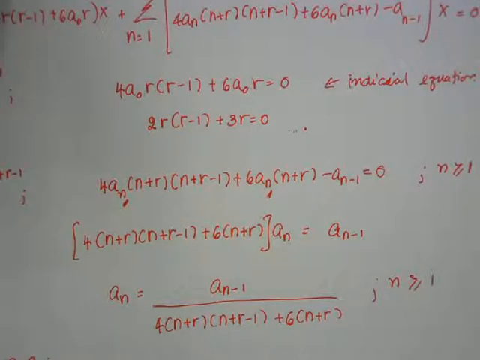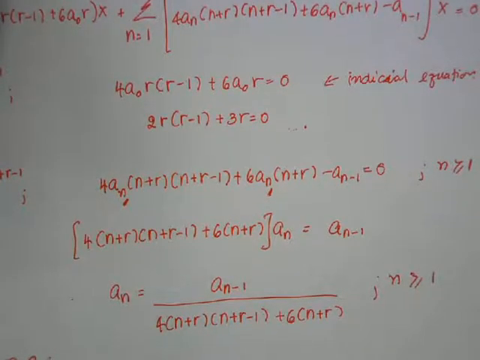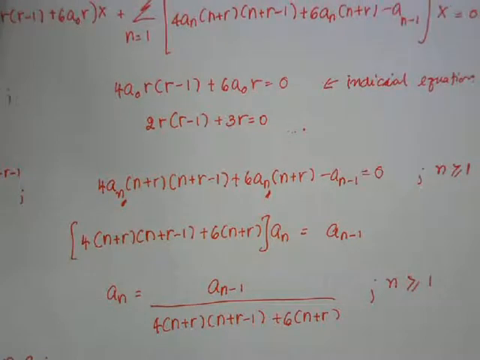The first set is by replacing r equal to 0. And the second set is by replacing r equal to minus 1 over 2. Right? The set where r is equal to 0 would go to your first solution, which is y1 equal to the sum of an times x to the power of n plus r1.